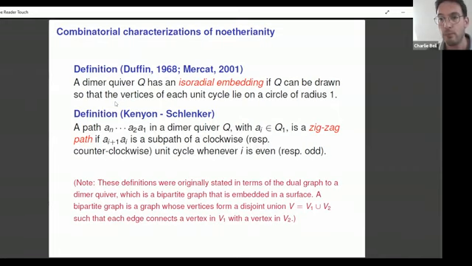I'll give examples of this on Friday, but the vertices in V1 in this dual graph sit inside the clockwise unit cycles, and the vertices in V2 sit inside the counterclockwise unit cycles. But we'll see this more on Friday. These definitions were originally given in terms of this bipartite graph.